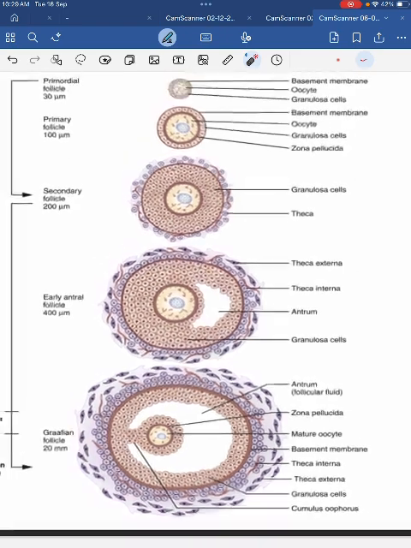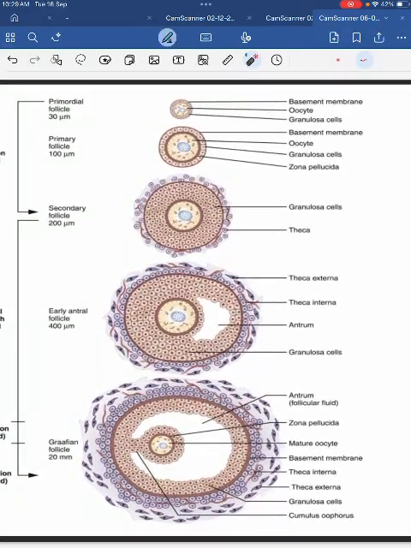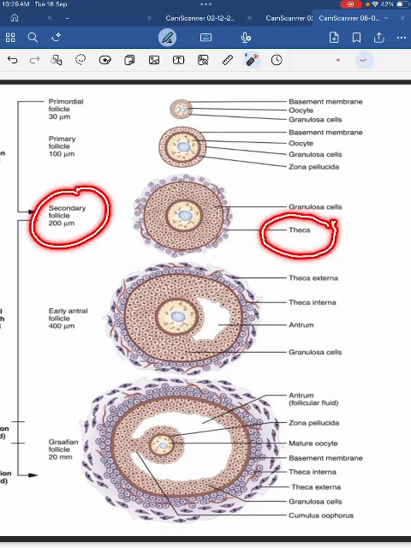So here is the difference between primary follicle, secondary follicle, and Graafian follicle. Number one, in primary follicle, which structures are present? Basement membrane, oocyte, granulosa cells, and zona pellucida. In case of secondary follicle, theca layer also appears and the size increases.